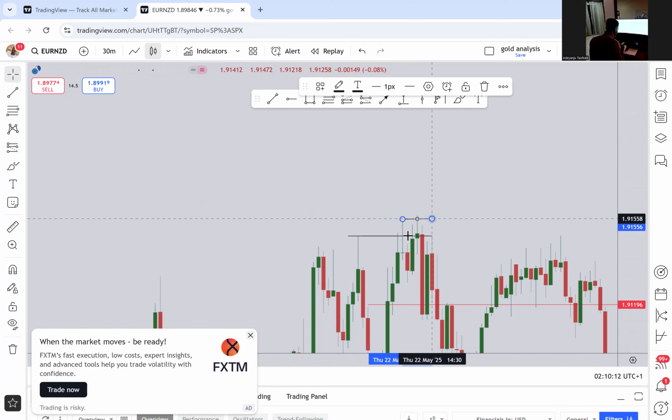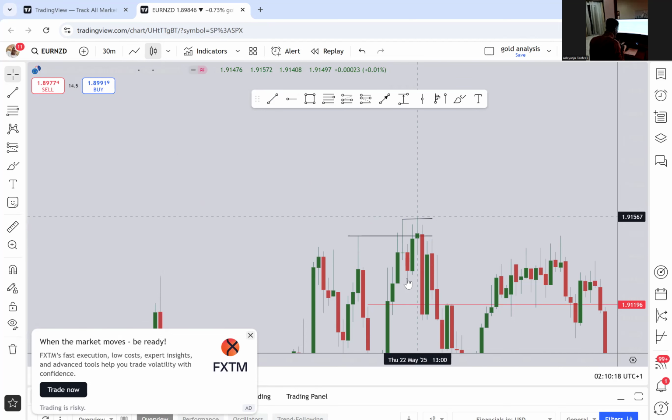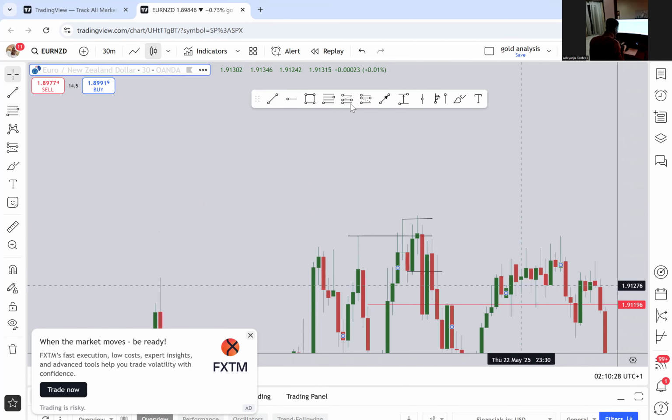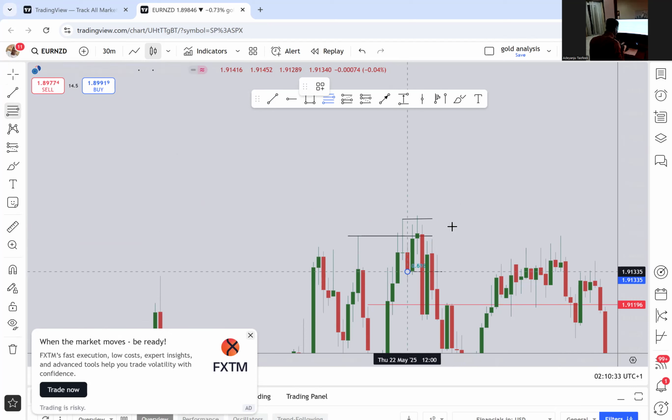So now we are waiting for price to sell and break this low here. Now we have this low to be broken, and we use the Fibonacci retracement to get our 50% level like this.